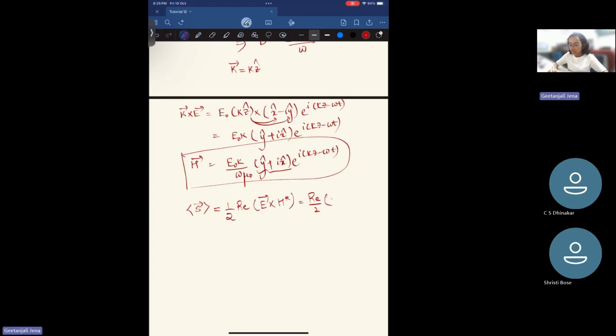This is similar to what we have seen in the class, but it was not explicitly shown.